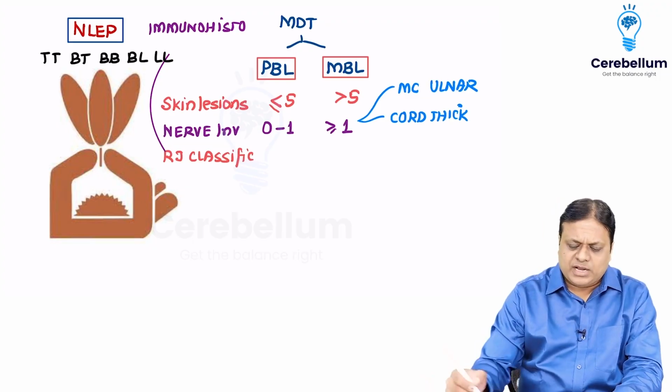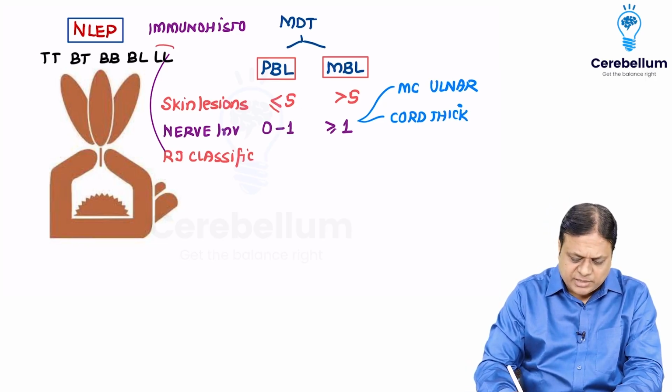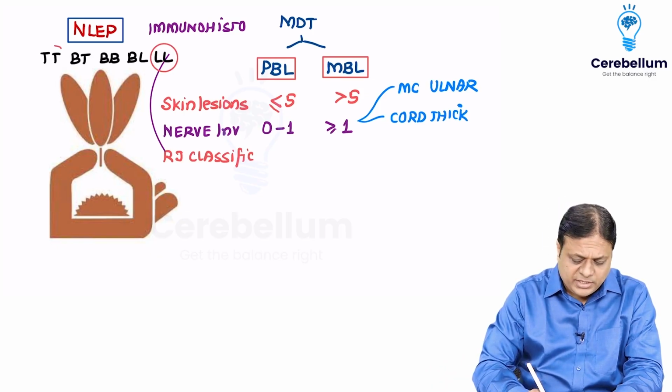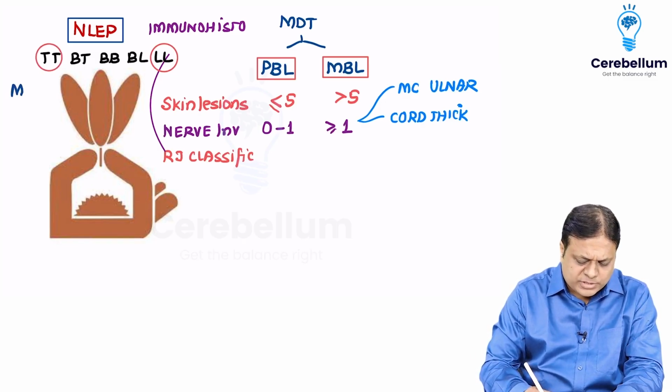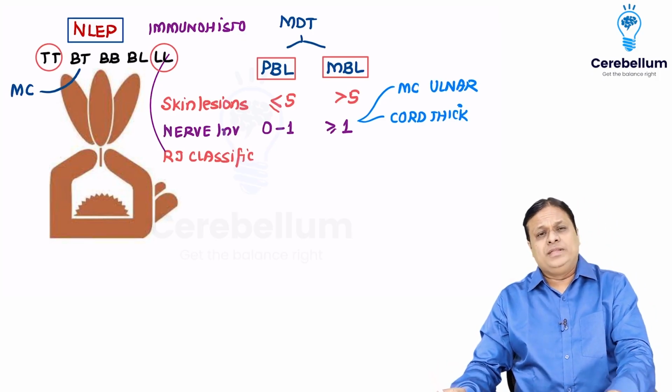Now out of them, highest bacillary load, most infectious, lepromatous leprosy. Least bacillary load, highest cell mediated immunity, tuberculoid. And the most common subtype in India is borderline tuberculoid.